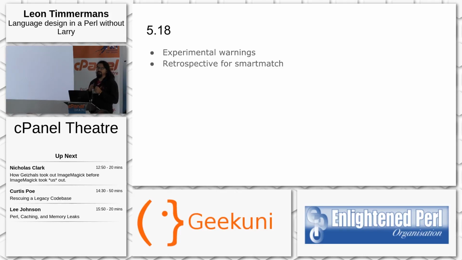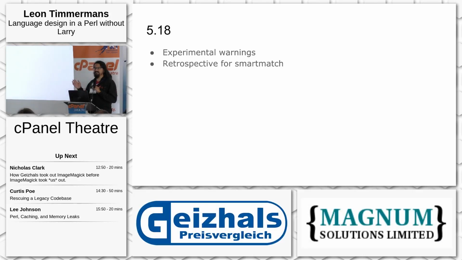My favorite example: if you do when and then a regex, it does not do smart match. It's essentially just an if, but because regexes default to matching against $_, it all looks as if it smart matches as long as $_ is a string.